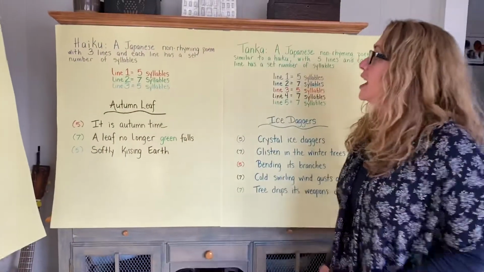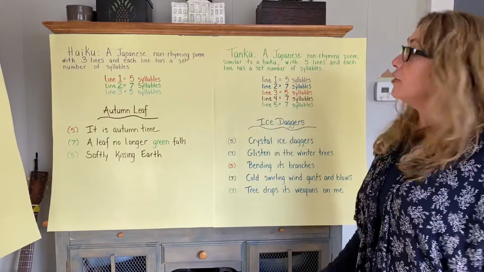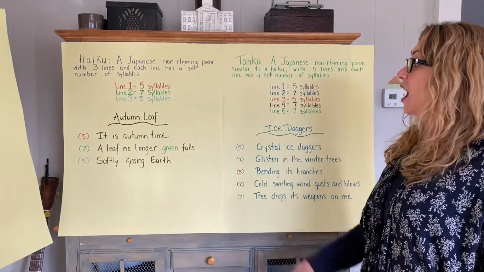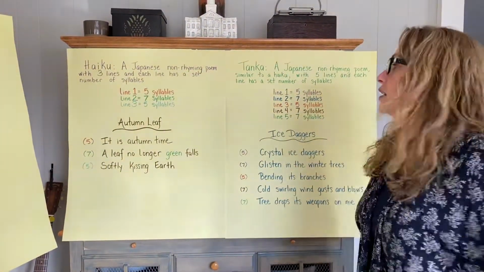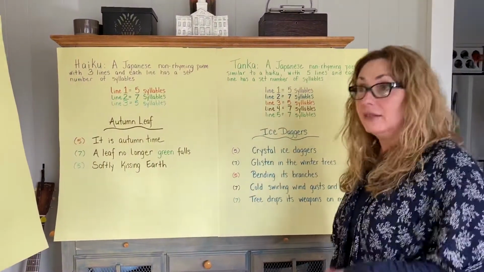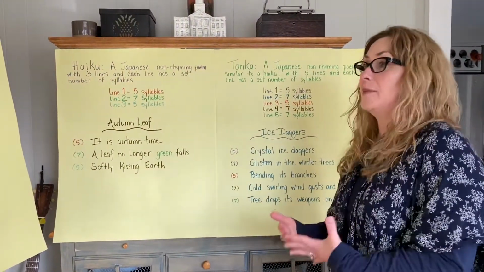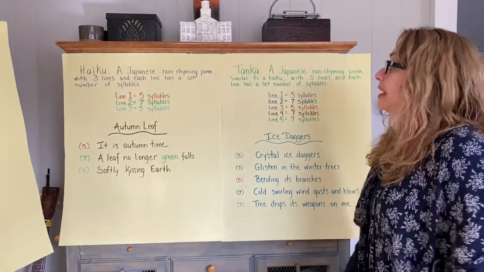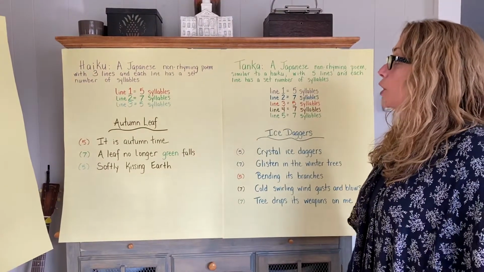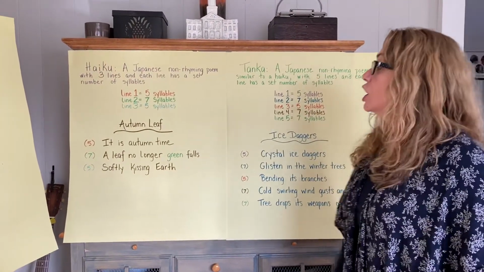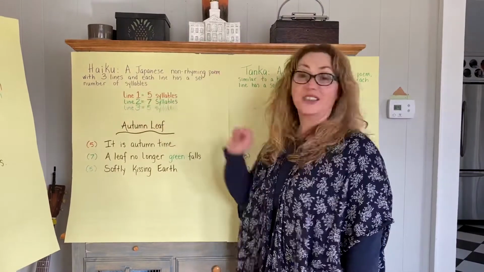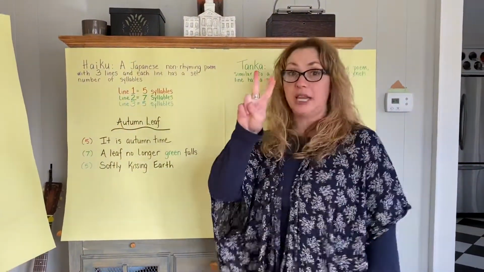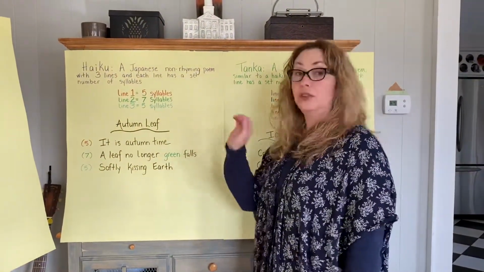A haiku is a Japanese non-rhyming poem with 3 lines. So they're super short and super easy to write, but you just got to give yourself time to practice. Each line has a set number of syllables. So the first line always has 5 syllables, line 2, 7, line 3, 5.